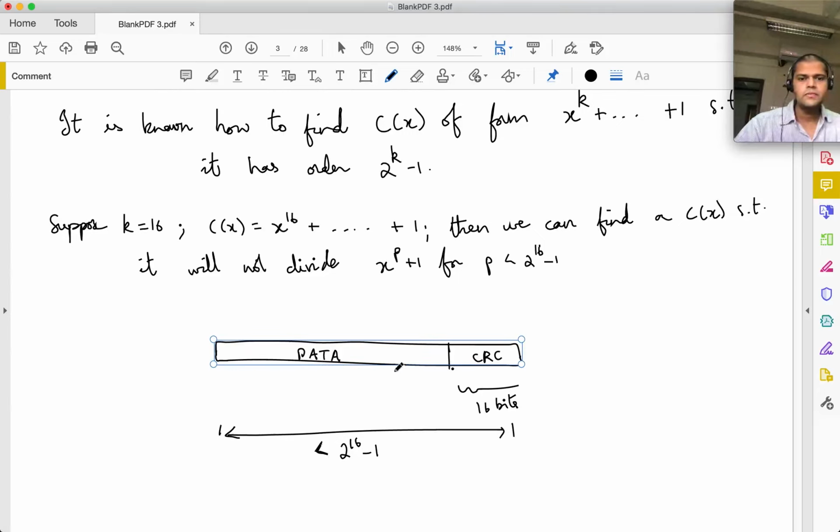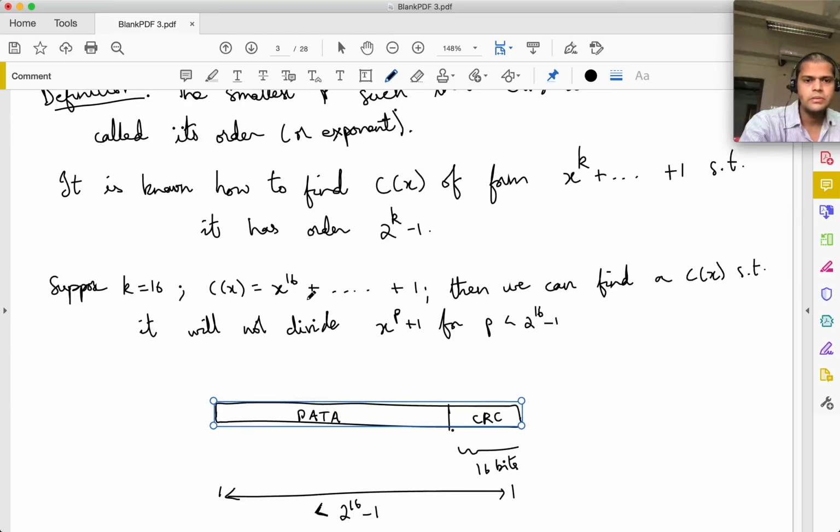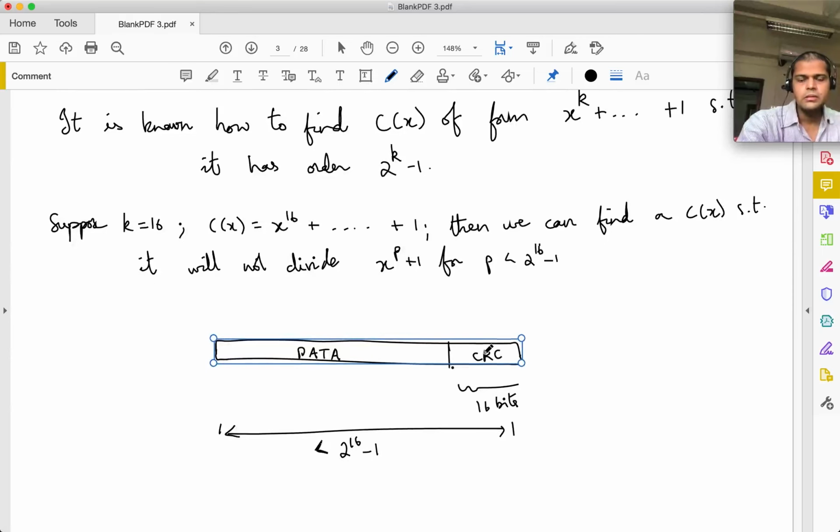And in that case, if you get 2 bits in error, you will be able to catch it with this particular CRC. So it is possible to come up with such CRCs which will detect all 2-bit errors, provided that the 2-bit errors are not too far apart.